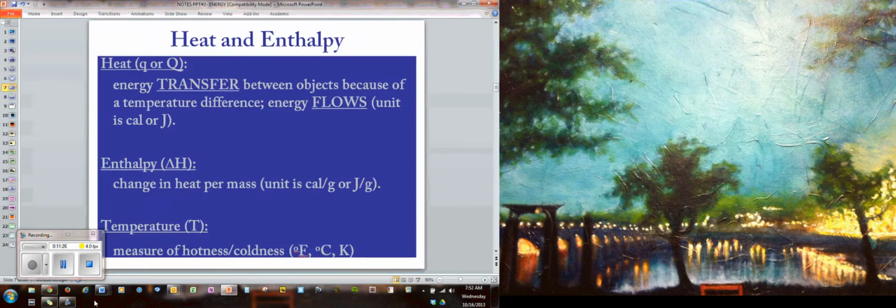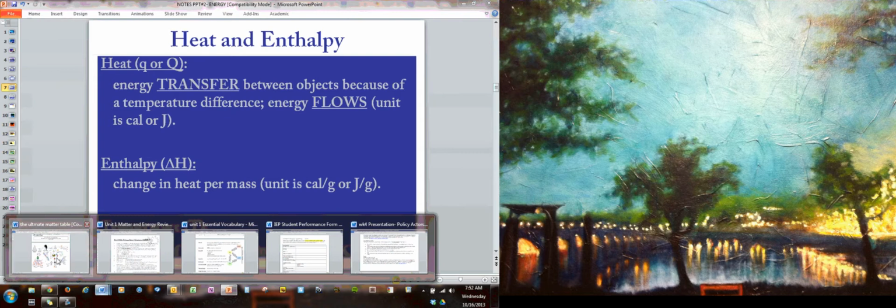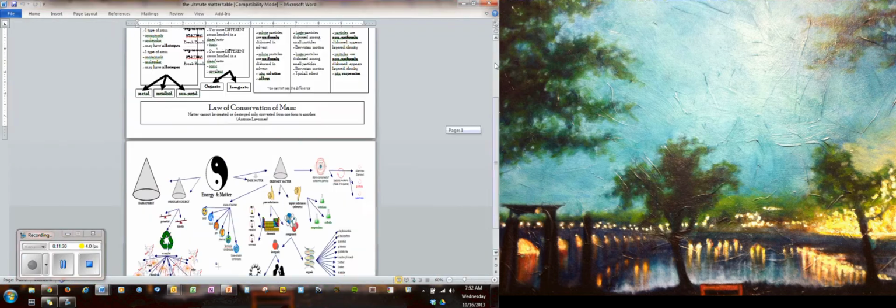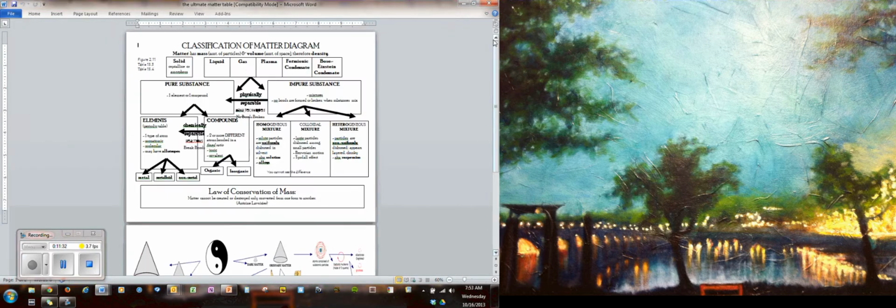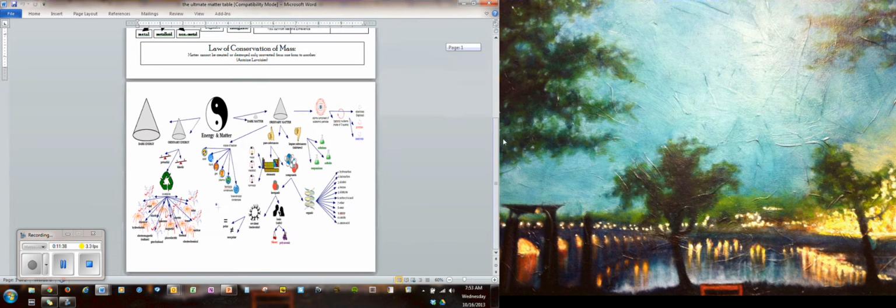Something else to have available is the sheet I gave you where we classified matter. You guys wrote in a whole bunch of stuff. If you take that out and check out the back, I've done a little organization for you in terms of several units that we're going to do throughout the year.